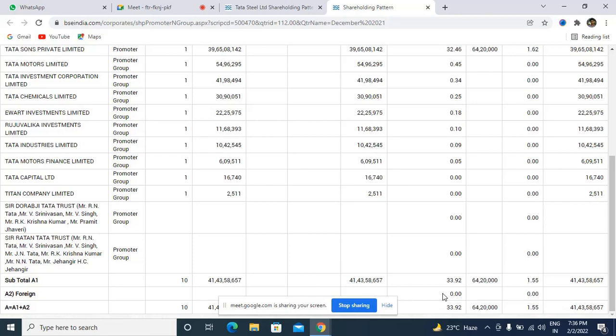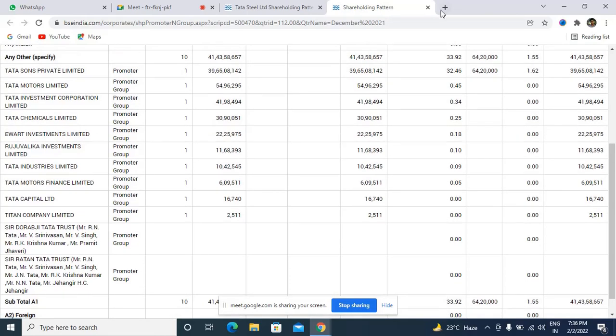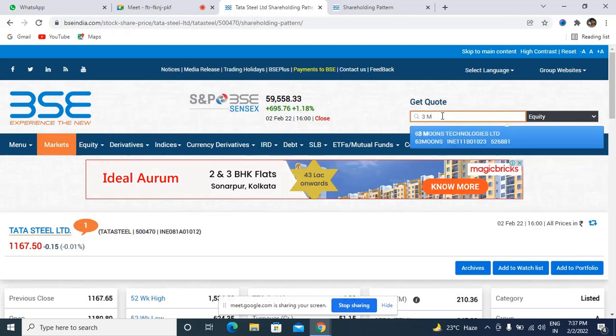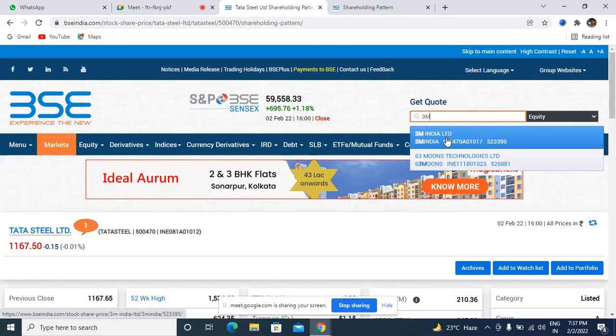For a few companies, if we just do our research like that, let us take you through it because this is quite important. The shareholding pattern you must understand fully in depth. So if you look at, say, 3M India.